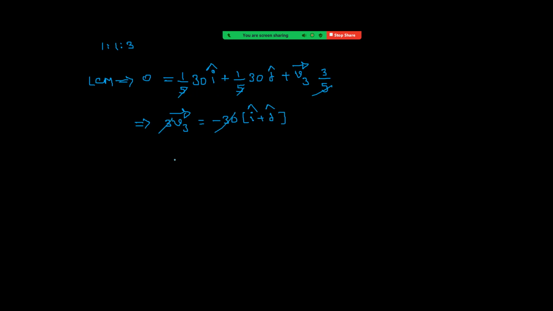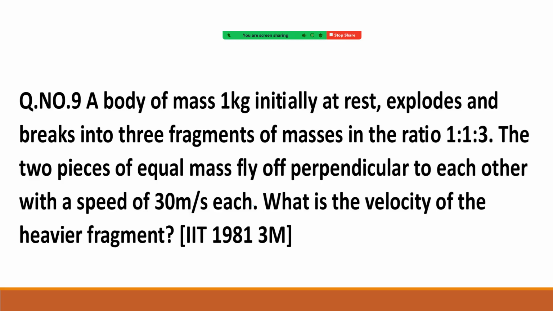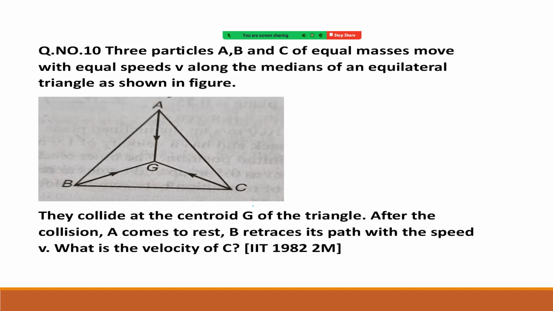Dividing by 3, 30 by 3 is 10, remaining V3 bar is equal to minus 10 into i cap plus j cap. Now they're asking only speed, right? The modulus of that is given by 10 root 2 meter per second. So directly by using LCM. Let's see the next one.